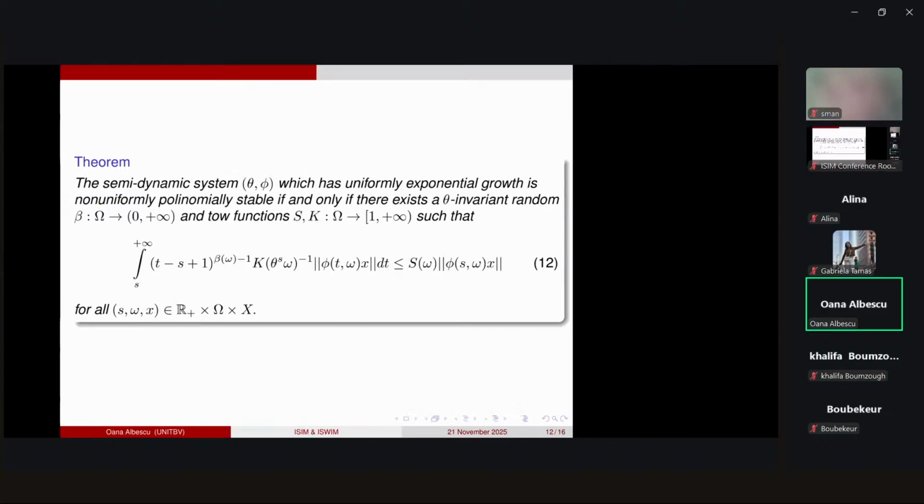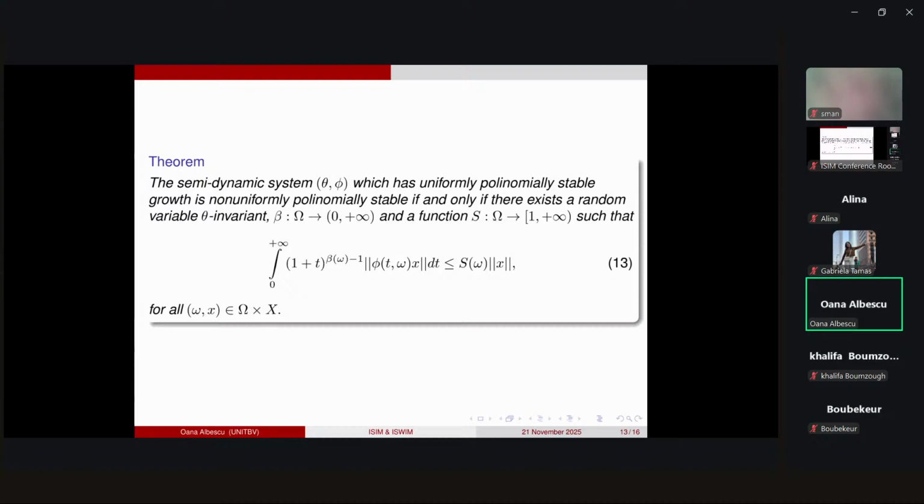The next theorem says that the system is non-uniformly polynomially stable if there exists a theta invariant random variable and a function s that also controls the size of the system's state over time.